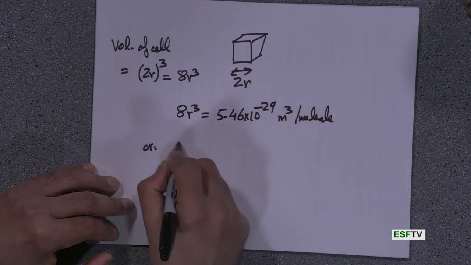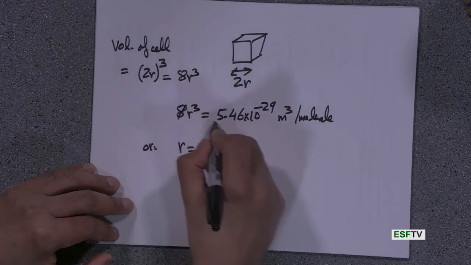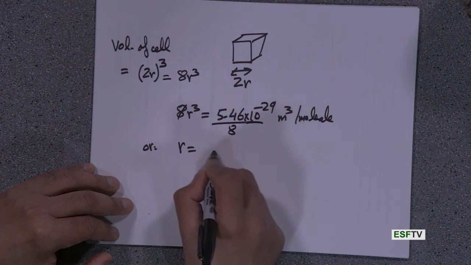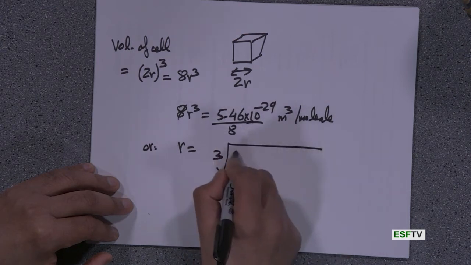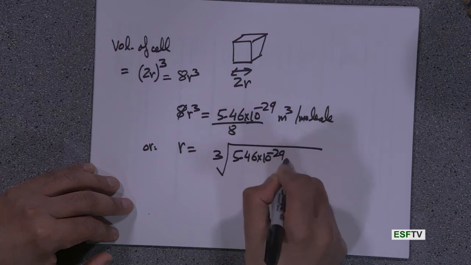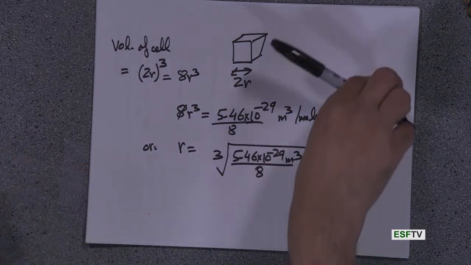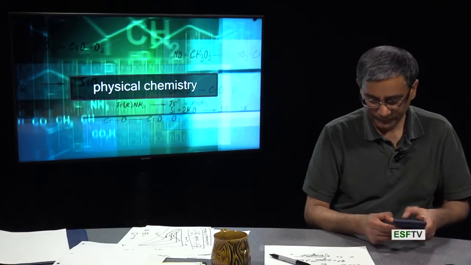Or r is, we divide this by 8 and we take the cube root. Cube root of 5.46 times 10 to the negative 29 cubic meters divided by 8, and that is going to be what?